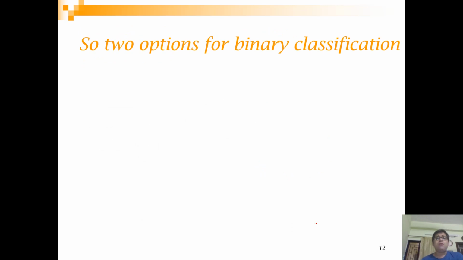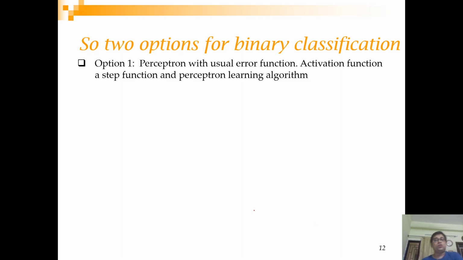Now, we have said there is one way to use perceptron to do classification. We can use perceptron with the usual error function, which is your absolute error, use the activation function as a step function, and use the perceptron learning algorithm, and this can be used as a binary classification model.